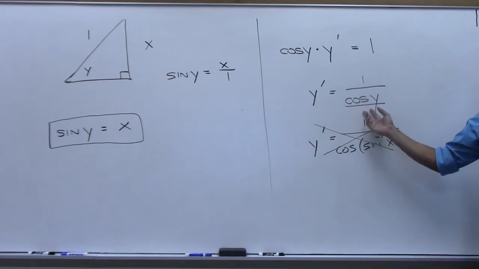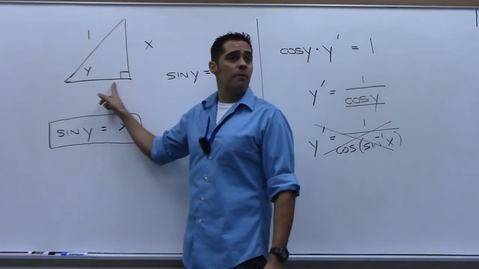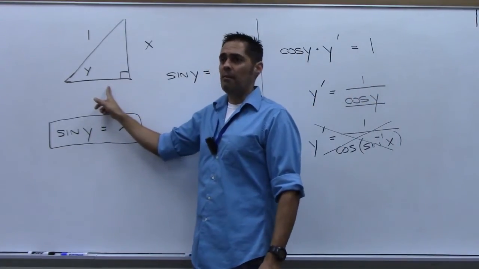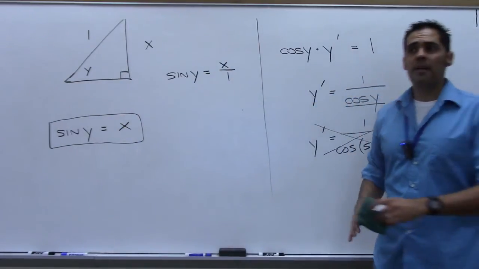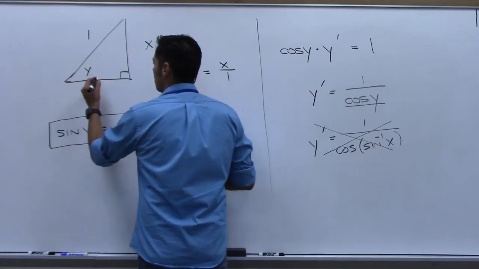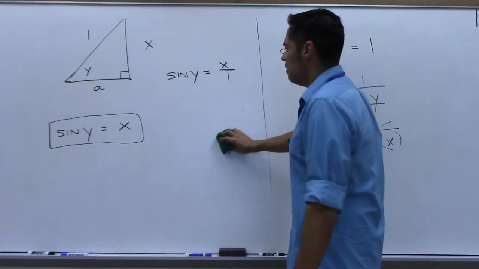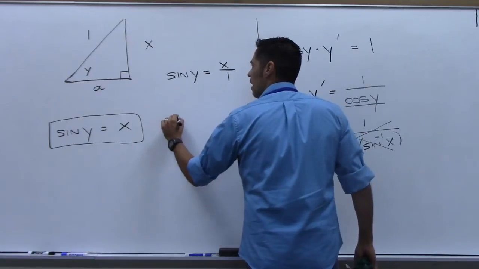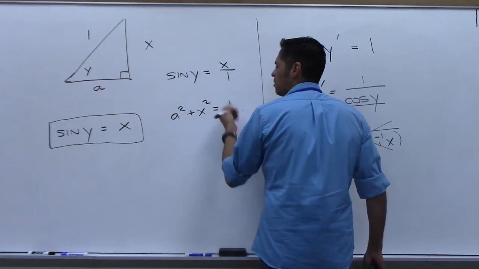That's adjacent over hypotenuse. Do you know the adjacent side? You can solve for it, right? You don't know it right now, but you have 2 of 3 sides of a right triangle. So we can find this adjacent side. Let's call it A for adjacent. Let's find what the A is. So A squared plus x squared is 1 squared, which is 1.